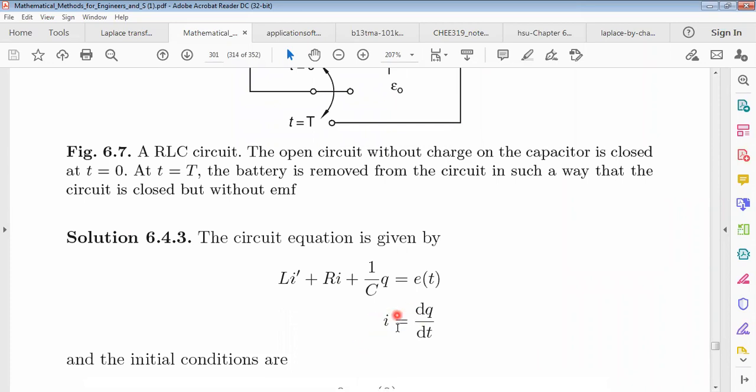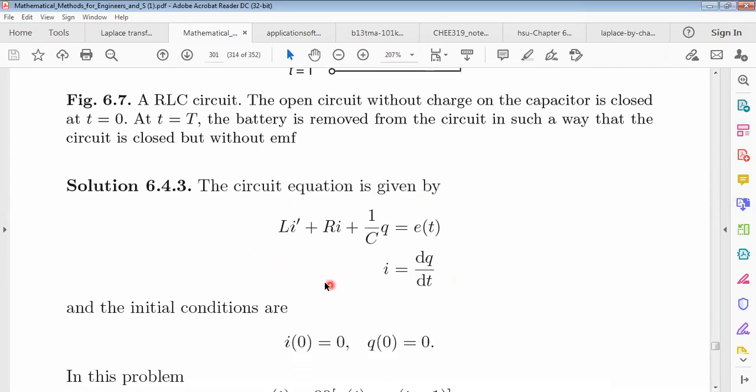Here I, the electric current, is the rate of change of charge with time t, that means dq by dt. And this is the total EMF, E(t). Capital L is the inductance, R is the resistance, and C is the capacitor, Q is the charge. So this is the standard form of the differential equation of this circuit.